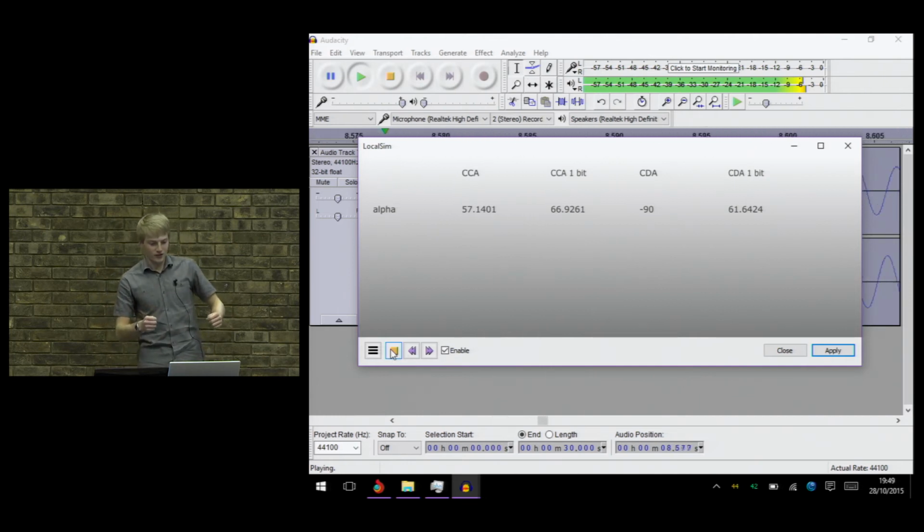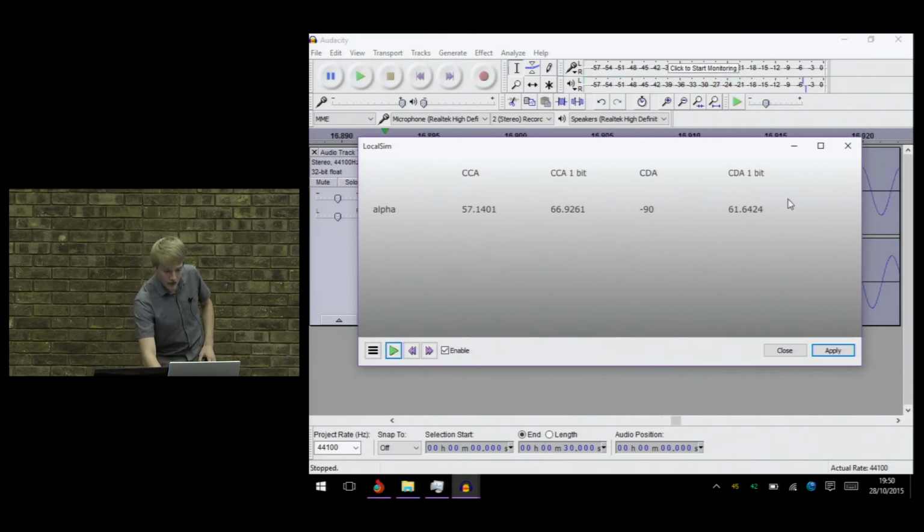Apart from the minus 90. Ignore that. Besides that, we got some reasonably good estimations of the azimuth angle. And in fact, the difference between these is pretty much exactly one of those bands I was speaking of before, because this is done at the standard sampling rate. That's the kind of accuracy you're looking at.